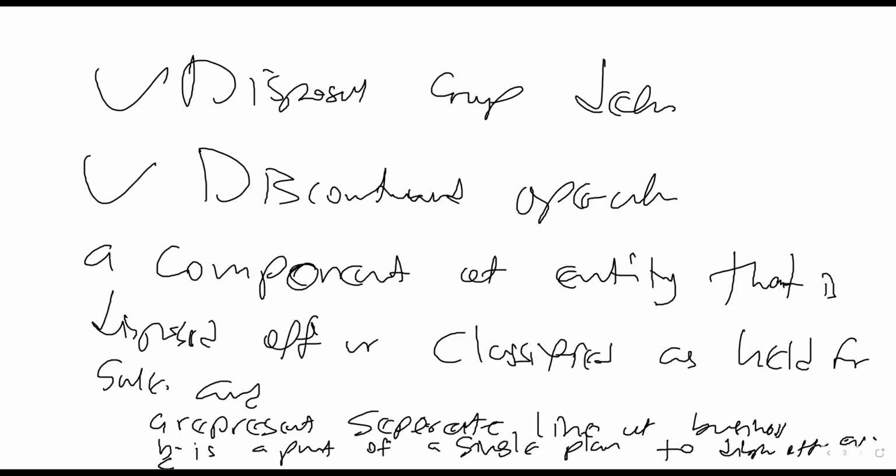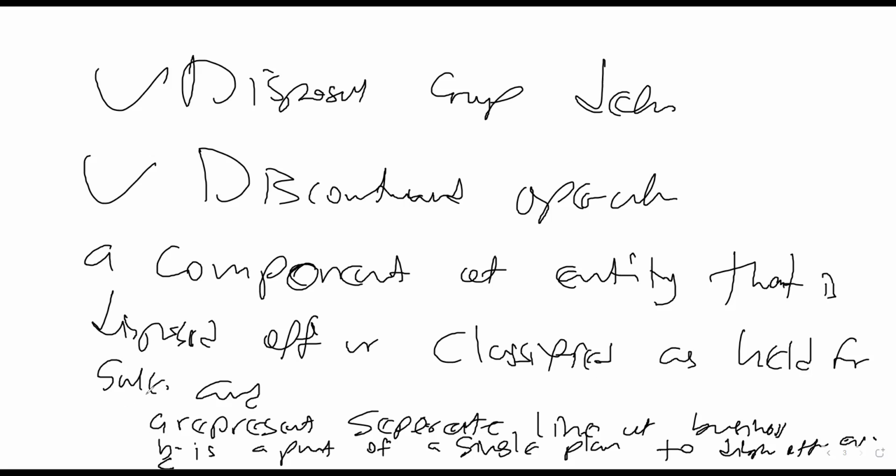So if you acquire a subsidiary exclusively for sale, then it meets the definition of a discontinued operation. I'm done. So I've been able to define discontinued operations for you. I've defined disposal group also for you.